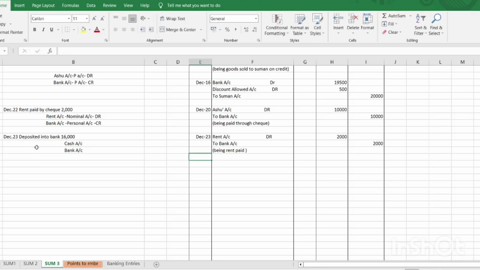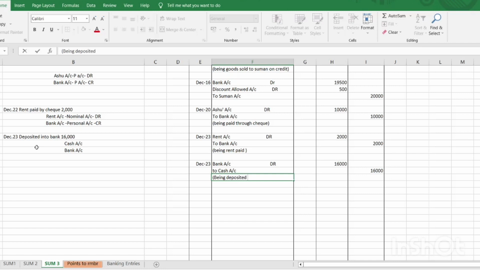As usual, we know on December 23, bank account debit to cash account for rupees 16,000, being cash deposited into bank. So this is the entry for the same.